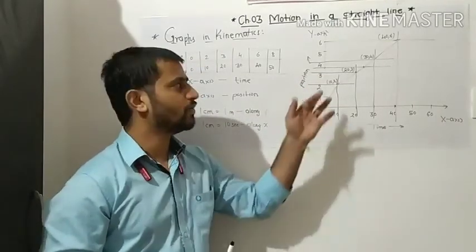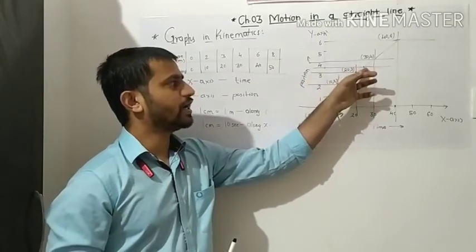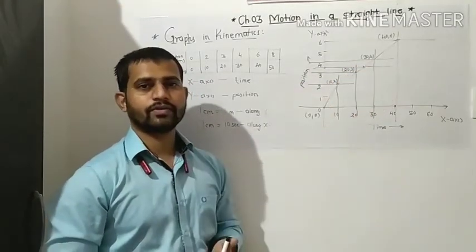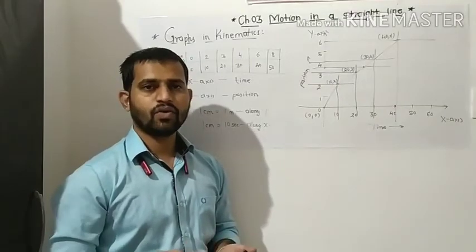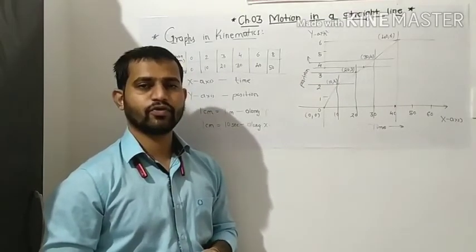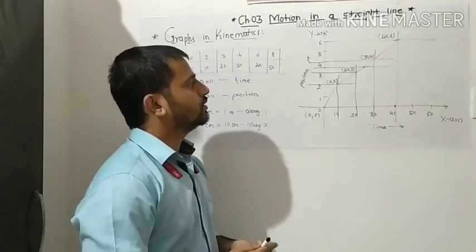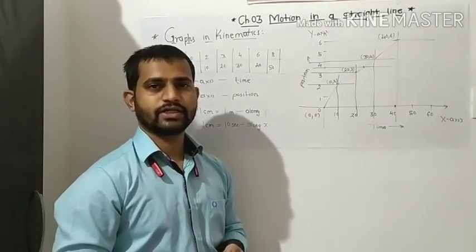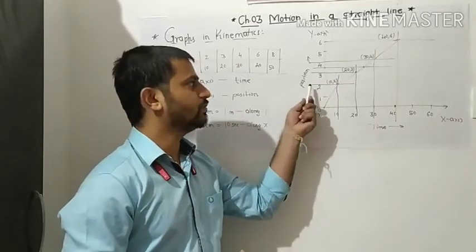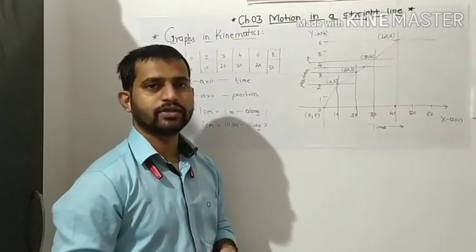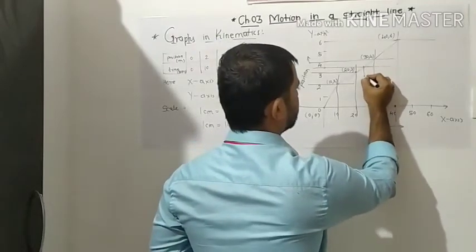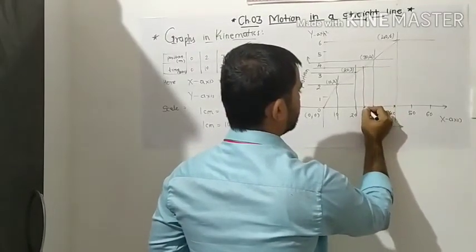I just have to draw one perpendicular on that inclined line which we got after connecting the coordinates of the position points. So if one physical quantity is known, we can find out the second physical quantity also. Here we know the position, so we can find out the respective time.